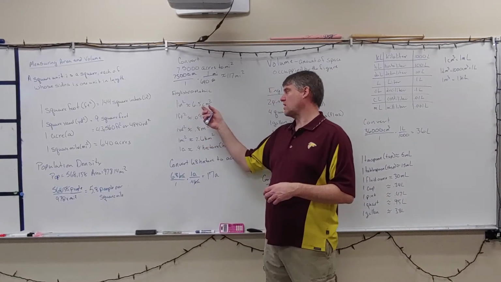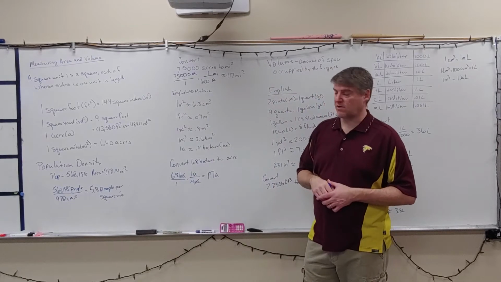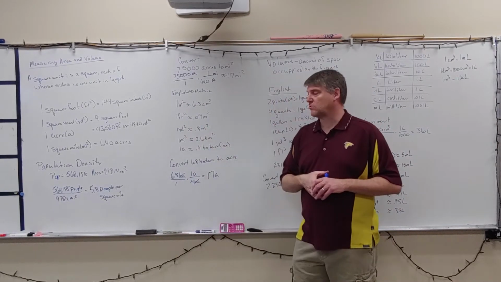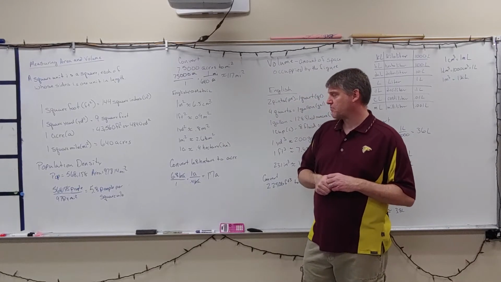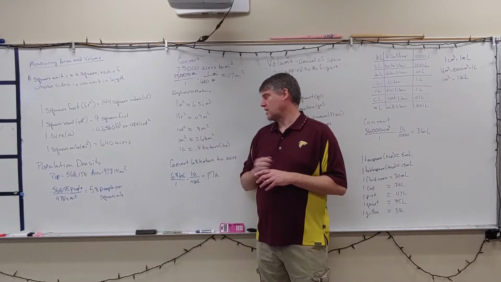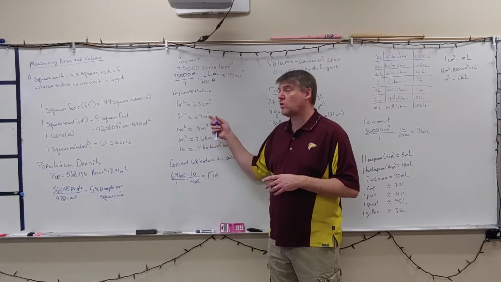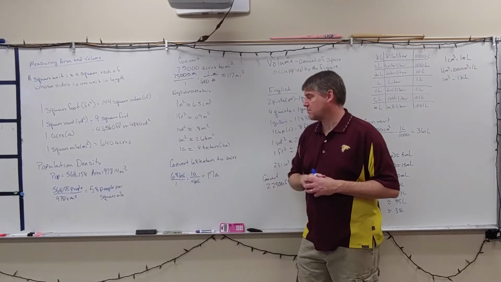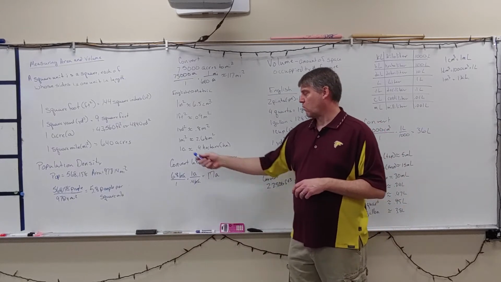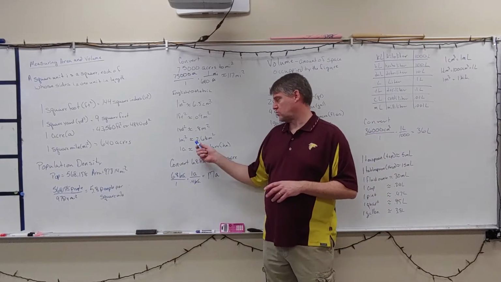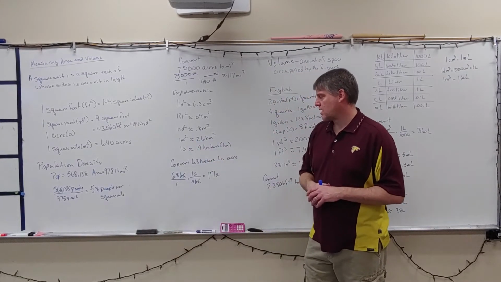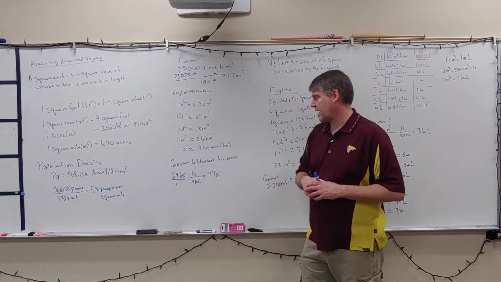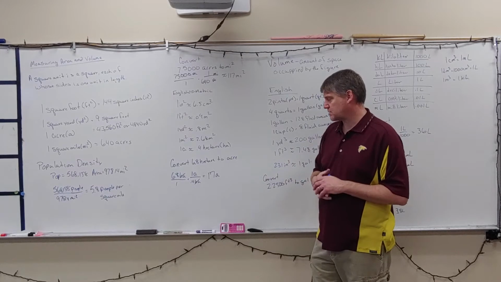So 1 inch squared is approximately equal to 6.5 centimeters squared. 1 foot squared is approximately equal to 0.09 meters squared. 1 yard squared is equal to 0.8 meters squared. 1 mile squared is equal to 2.6 kilometers squared. And 1 acre is approximately equal to 0.4 hectares, or ha.